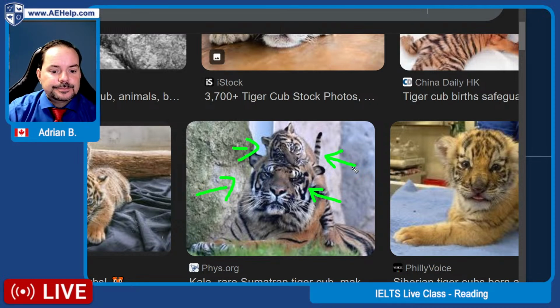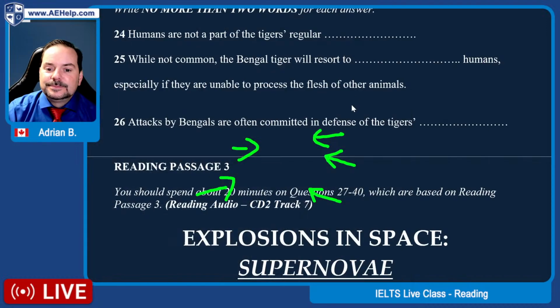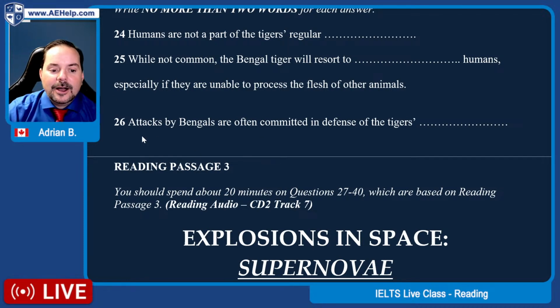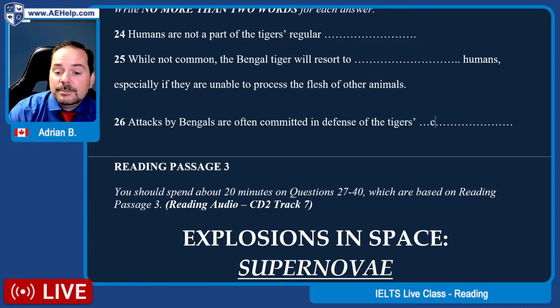So now everybody remembers what a baby tiger is called? Cub. That's right. It's a cub. So don't try to take. Oh, you'd be surprised. I bet some people have tried it. Attacks by Bengals are often committed in defense of the tiger's cub or cubs.